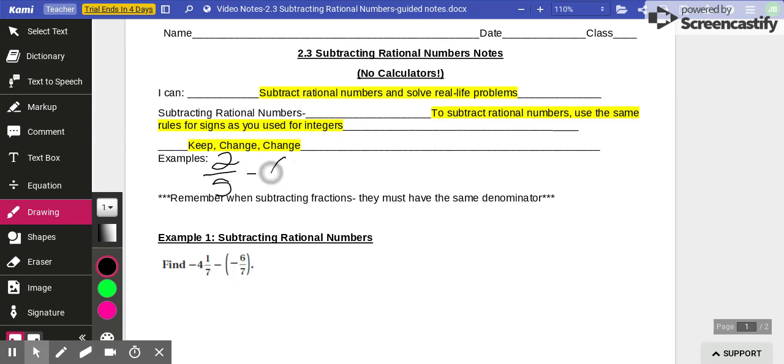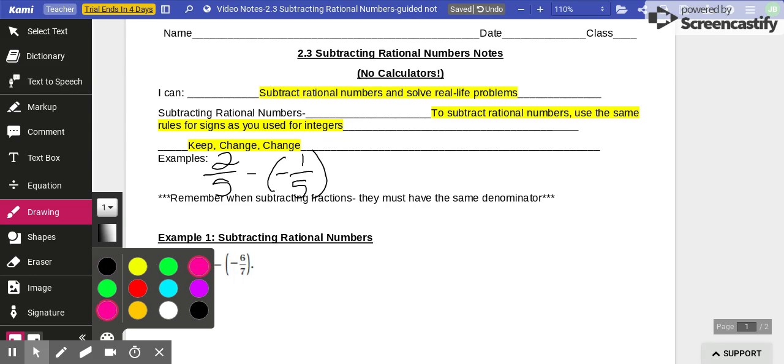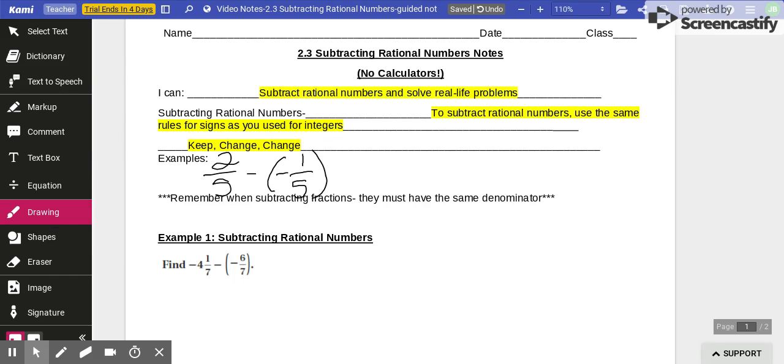minus negative 1/5. So because both of them have the same denominator, we are able to use our keep, change, change. So we are going to keep the 2/5 the same. We are going to change our subtraction sign into an addition sign and our negative into a positive. From here, just like we did in 2.2, we are going to add our numerators.